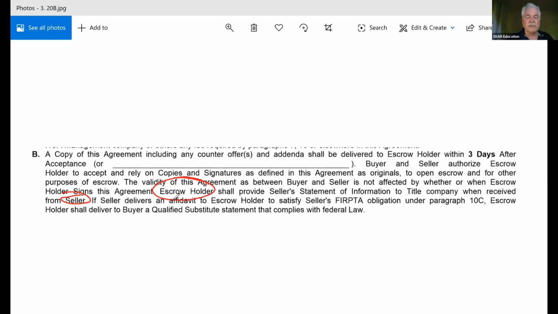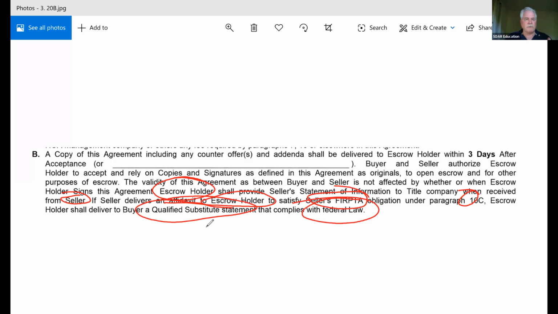If the seller delivers an affidavit to the escrow holder satisfying FIRPTA, okay, under 10C, all right, then escrow holder shall deliver to buyer a qualified substitute statement that complies with federal law. So remember, we have state FIRPTA, we have California FIRPTA, and we have federal FIRPTA, okay? And so those are very important distinctions.